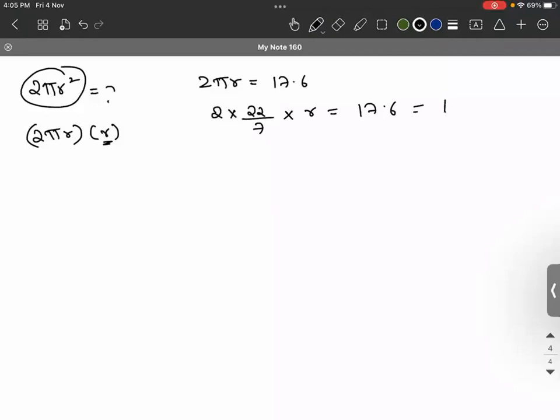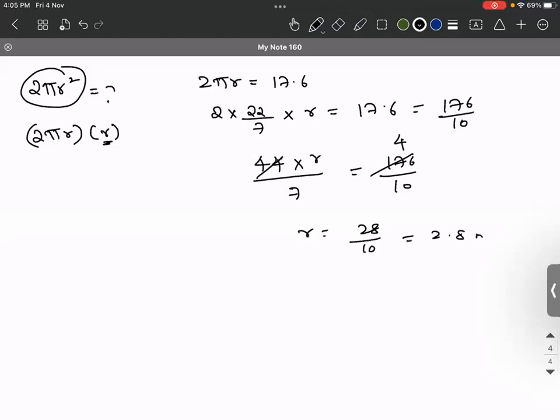Can you write 17.6 as 176 divided by 10? So 44 into r divided by 7 is equal to 176 by 10. 44, how many times will it cancel? 4 times. So r will be equal to 28 by 10, or 2.8 meter.